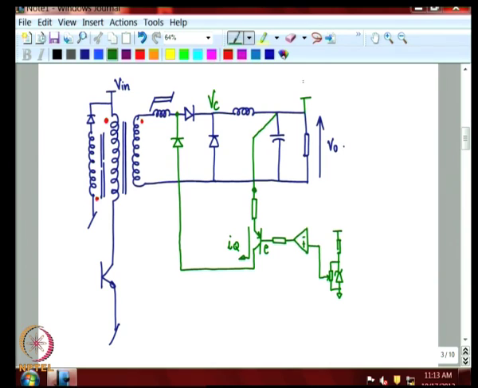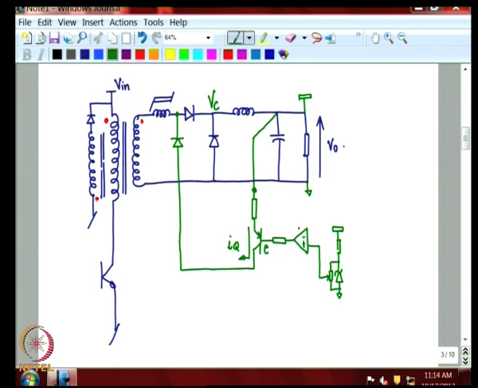So I am labeling it such that notice that this point is same as this point, and likewise this point is same as this point.